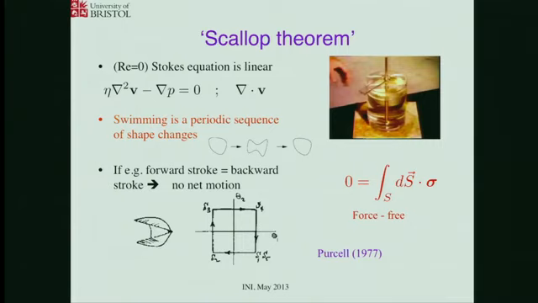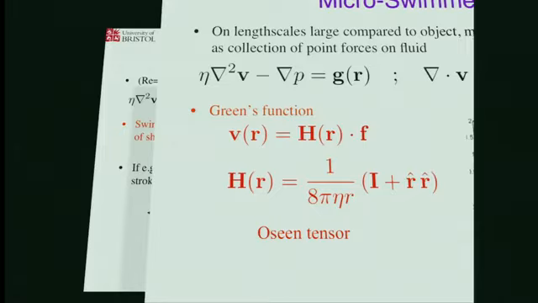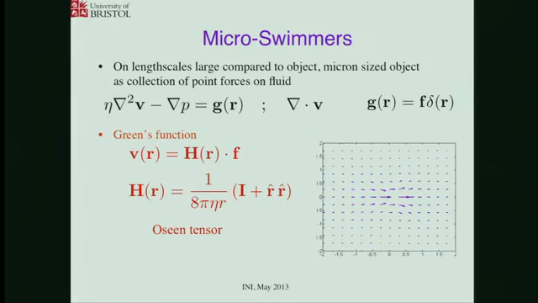So I need to have some sequence which is asymmetric. So how do we build one of our micron-sized self-propelled objects?